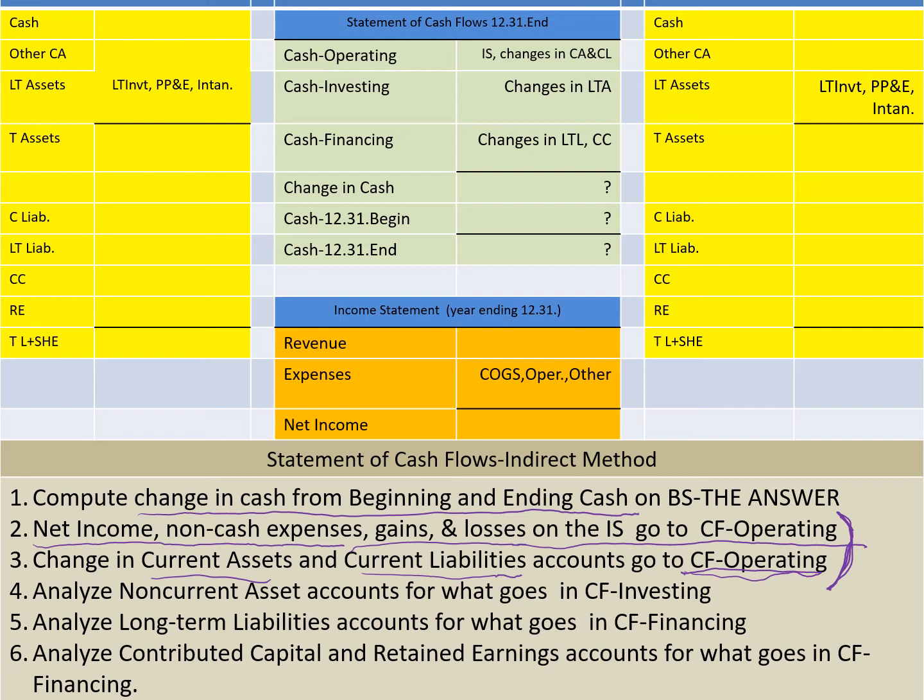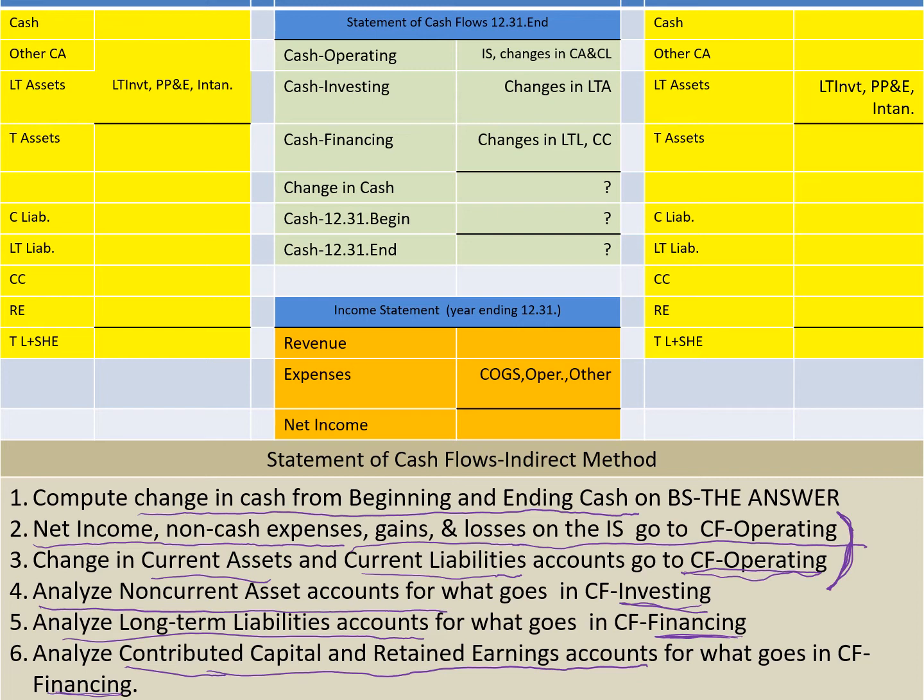Then, going on to the investing section, you're going to analyze the non-current asset accounts, and what happens there goes in investing. And we're going to analyze our long-term liability accounts, and what happens there goes in financing, and then we'll analyze contributed capital and the retained earnings accounts for what also goes into the financing section.